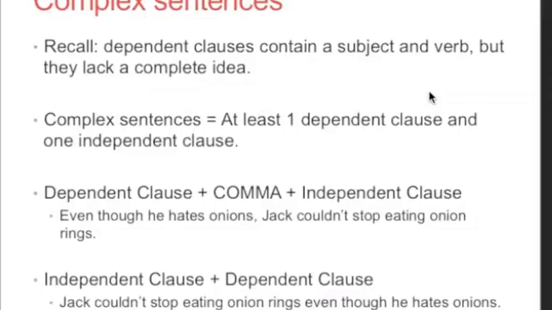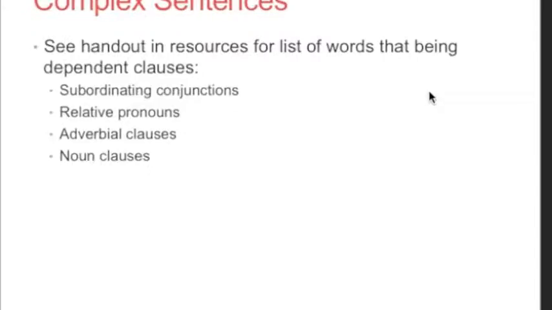Okay, so this video is going to be quite short. I would like to encourage you to take a look at the handouts I've attached to the resources for this course. In those handouts, you'll see helpful guides to form complex sentences, and complex sentences are formed with subordinating conjunctions, words like although, while, since, relative pronouns like that or which, adverbial clauses like where, or noun clauses.